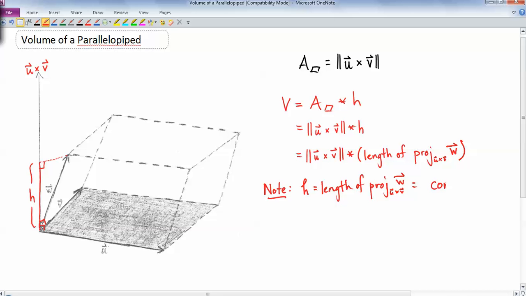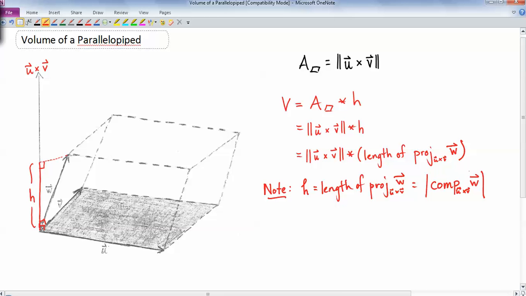It's the component of W onto U cross V. And the component might be positive or negative. In this case, since it's a length that we're looking at, we want to treat it as a positive, right? If it's negative, it's really just pointing downwards instead. And so then you could say, well, okay, so this whole parallelepiped is upside down, but the volume doesn't actually change, so you want to ignore the sign.